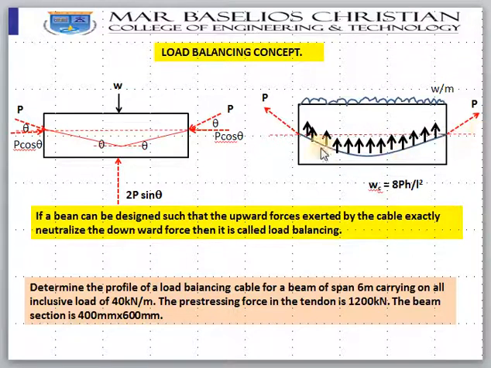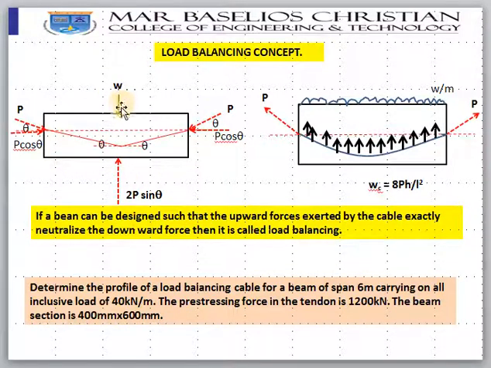When you pull the parabolic tendon, the upward load the parabolic tendon will exert is 8PH by L square. And you will take the net load, W minus 8PH by L square, for finding out the bending moment. Now this concept we can use for effective design of the pre-stressed concrete.